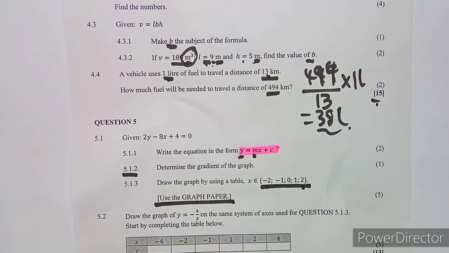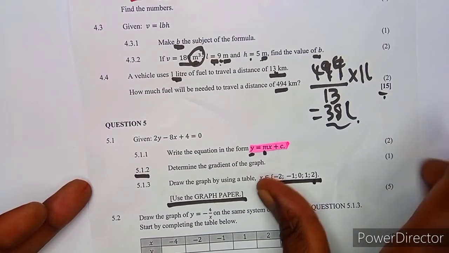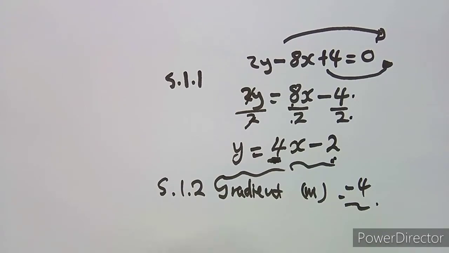So what are you going to do? Actually, you must have a table there. There's no way you must draw a table, because you're given the values of x to work with. So let's just draw our table from the line that we are given here.